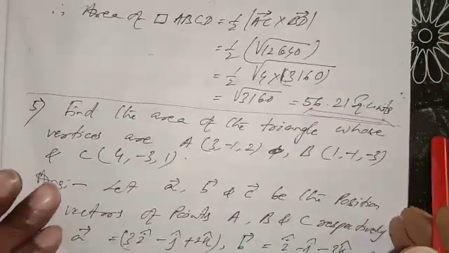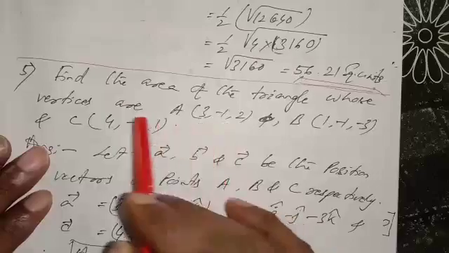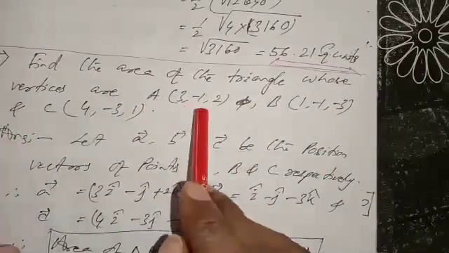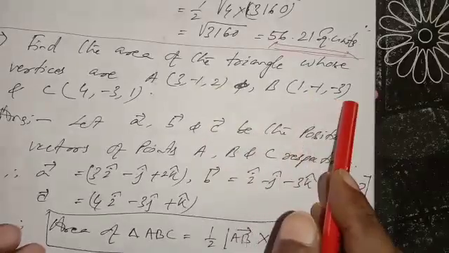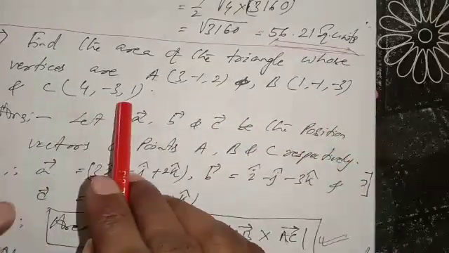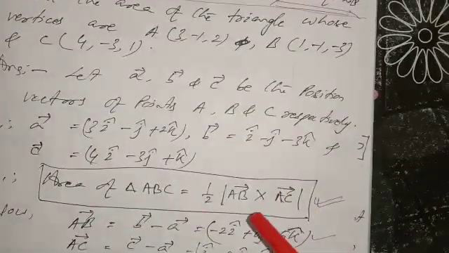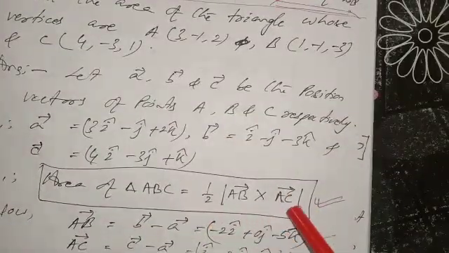Let us go to the next question, number 5, the last question today. Find the area of the triangle whose vertices are A 3, minus 1, 2, B 1, minus 1, minus 3, and C 4, minus 3, 1. First of all, the area of the triangle is half AB cross AC.